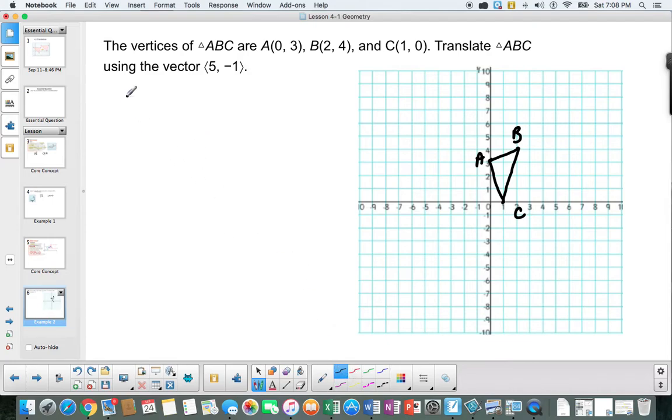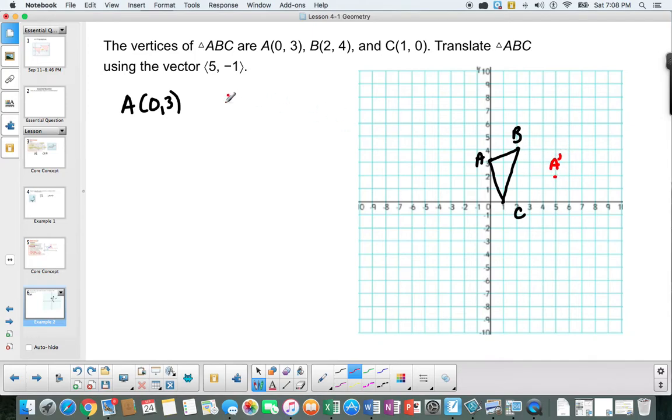So I'm going to take the point A, (0, 3), and I want to move it over 5 units and then go down 1 unit. So I'm going to move it over 5 units, 1, 2, 3, 4, 5, and then down 1. And that's my point A prime.